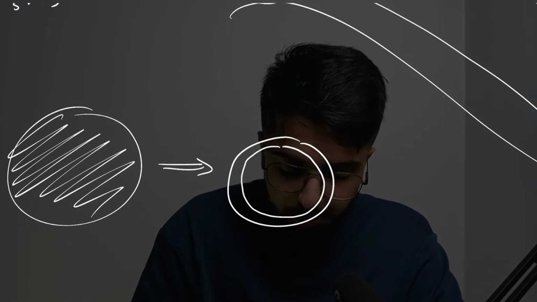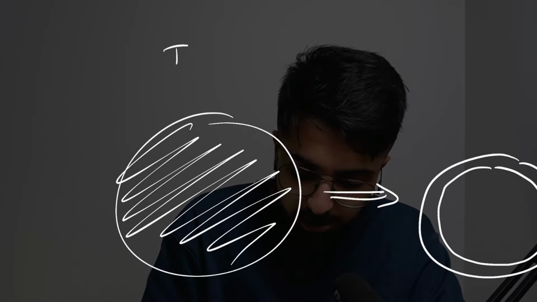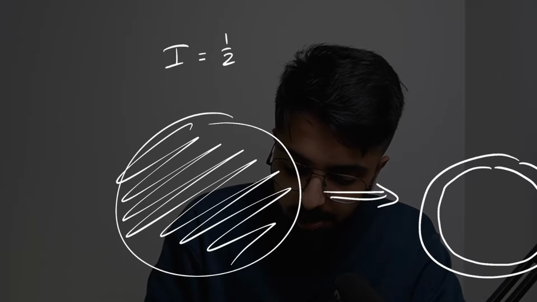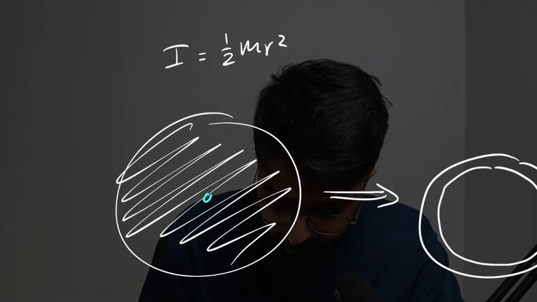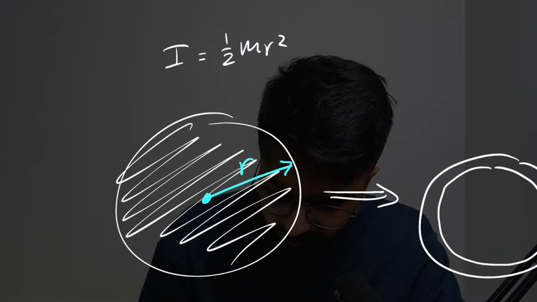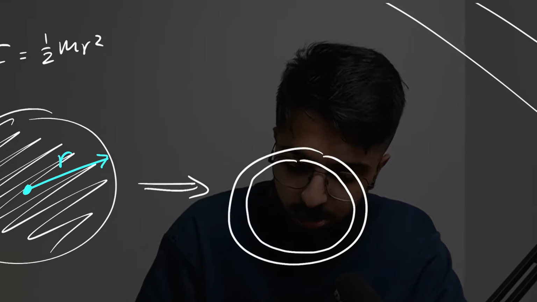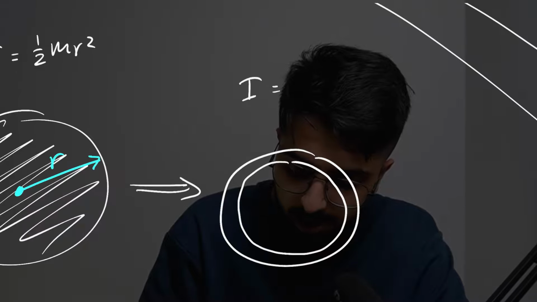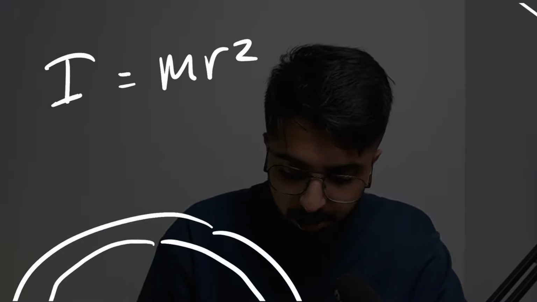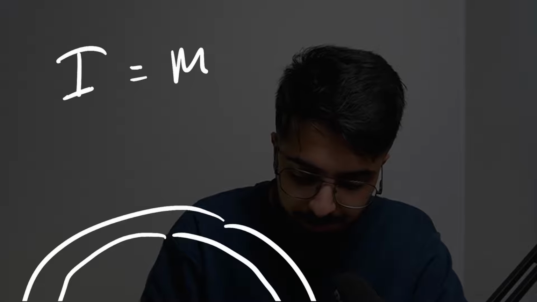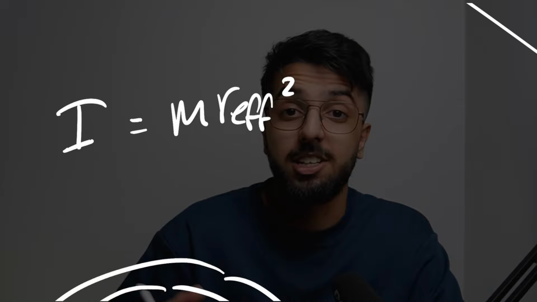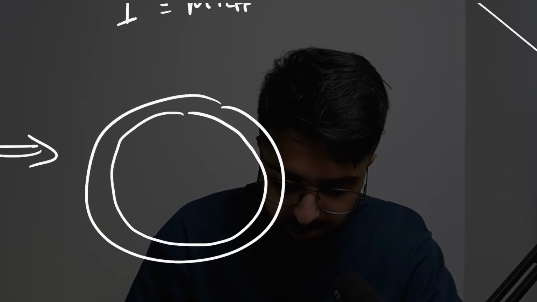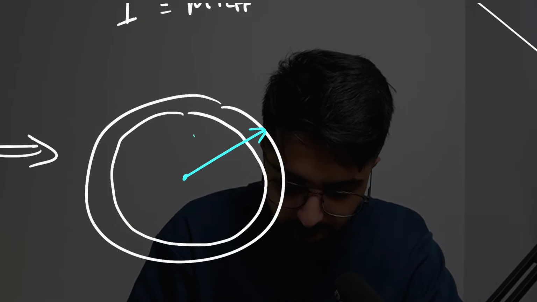Slightly smaller. And we know the rotational inertia of a solid cylinder is half mr squared, where this value right here is our r, okay? And we know the rotational inertia of a hollow cylinder is mr squared, right? And we're going to call this r value r effective. So this is our effective radius, okay? So this right here is our r effective.